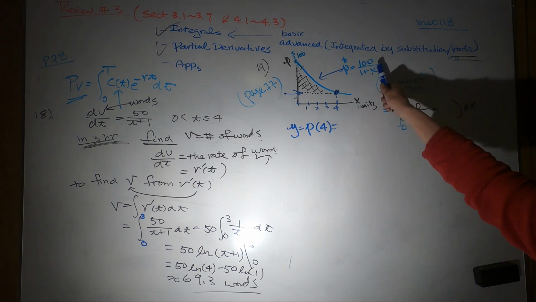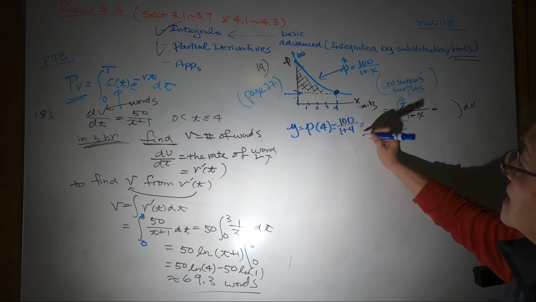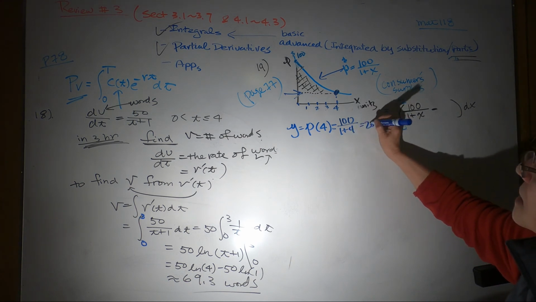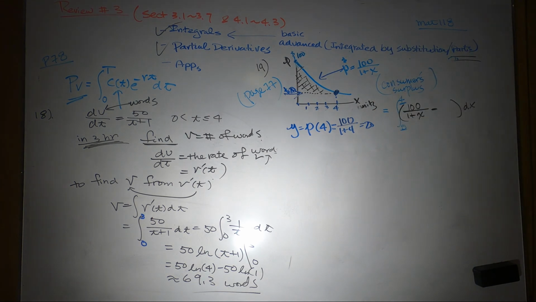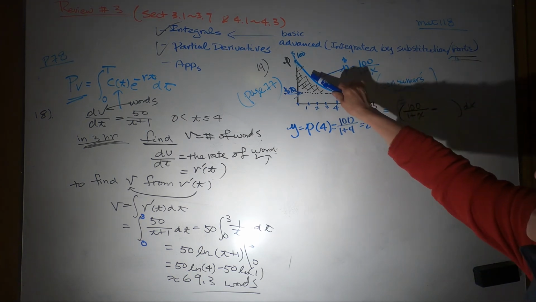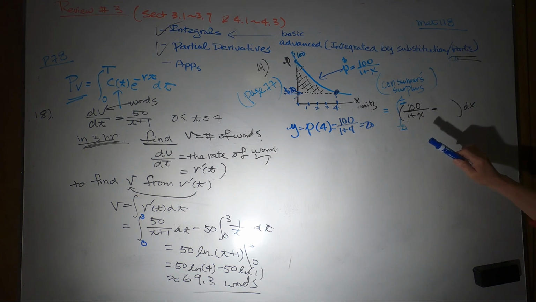So you plug in here 100 over 1 plus 4, that means what? 20. At $20 and quantity at 4, that would be your market price at the equilibrium point, right? So you need to find the area between the curves, that would be your consumer surplus.